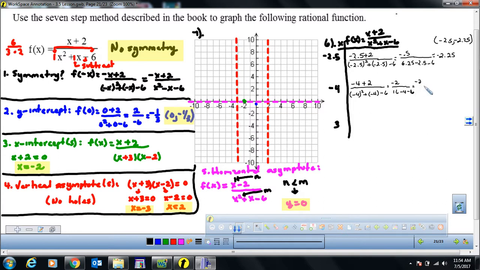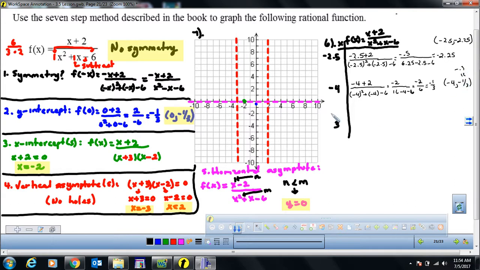So that's negative 2 over 6, and negative 2 over 6 is negative 1/3. We can put it as an estimate, negative 1/3. So this is negative 4 comma negative 1/3, but that will be negative 0.3.